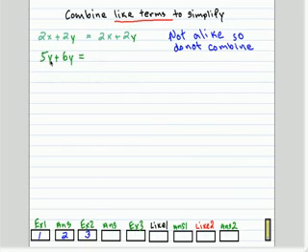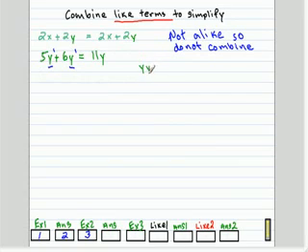How about 5y and 6y? Well, those are alike, right? Because I have the same variable and the same implied 1 exponent. So when I combine those, I get 11y's. This is just saying I have 5y's and I have 6y's for a total of 11y's. So think about that.